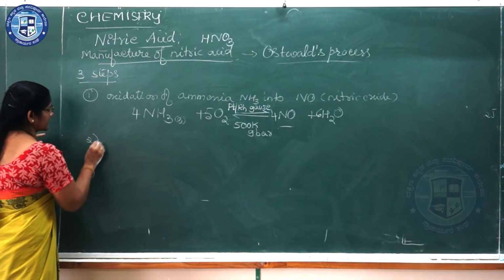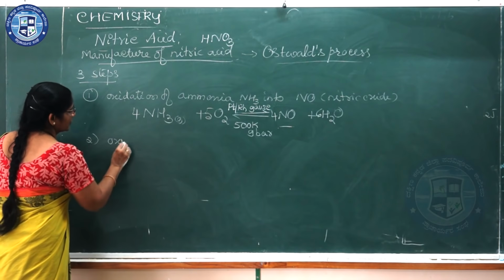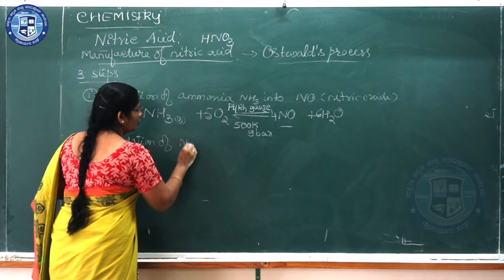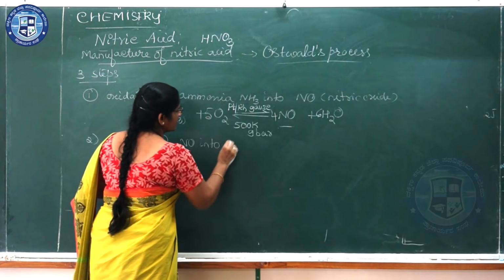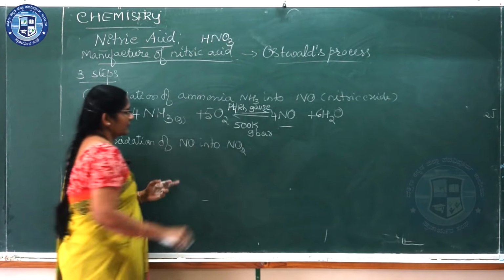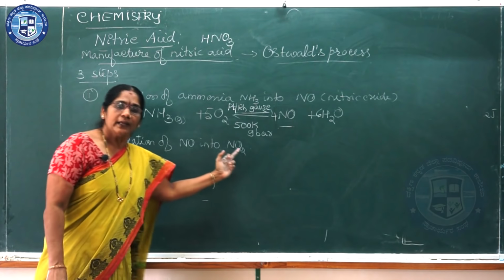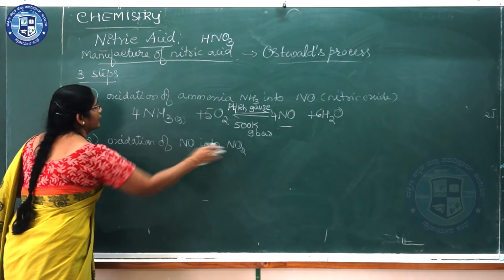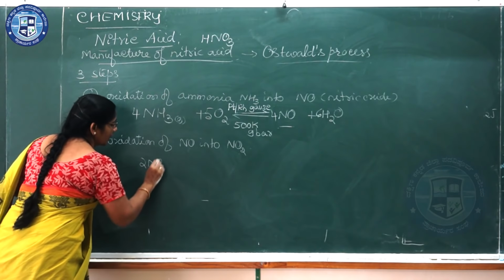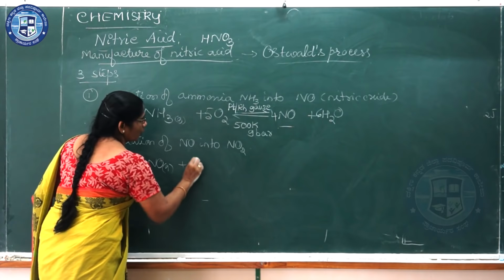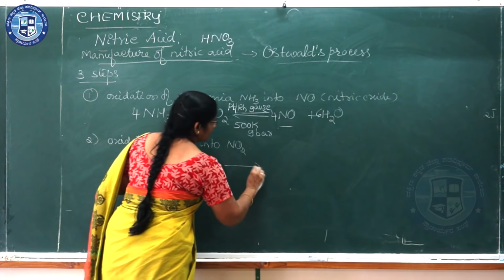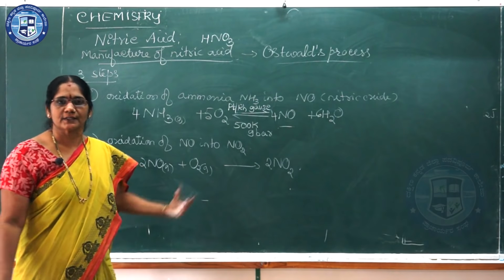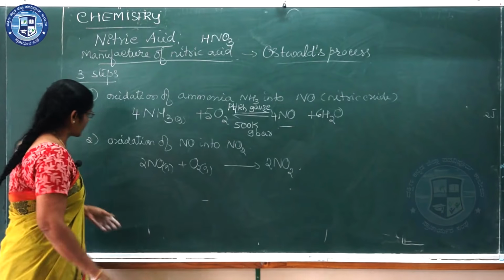Which is the second step? Oxidation of NO into nitrogen dioxide, NO2. Nitric oxide into nitrogen dioxide. So this is nitric oxide, nitrogen dioxide. So 2NO plus O2 gives 2NO2. So this is oxidation to give nitrogen dioxide.